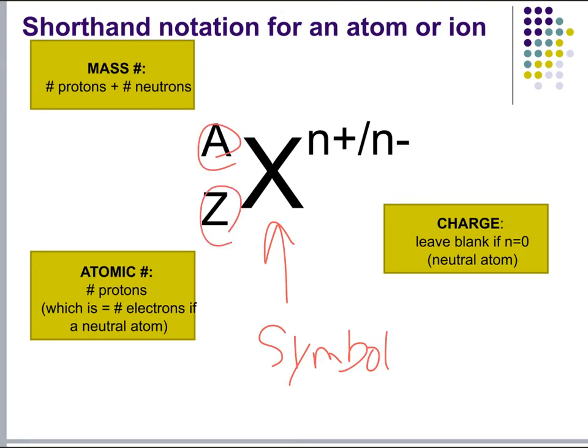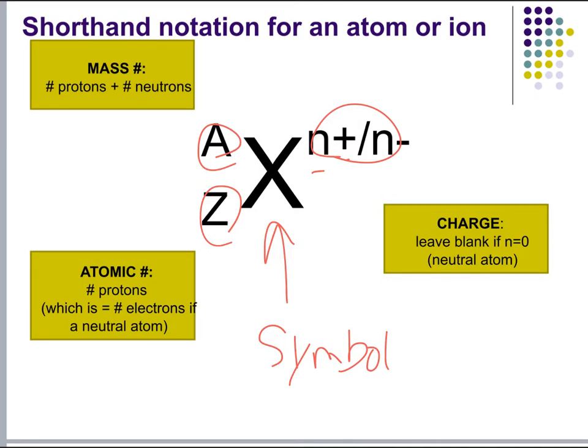And then on the right of the symbol, you would put the charge up to the top: +2, -2, 3-, 2-. It doesn't actually matter whether you put the number or the plus or minus first or second. They are interchangeable. I've seen it both ways a million times.